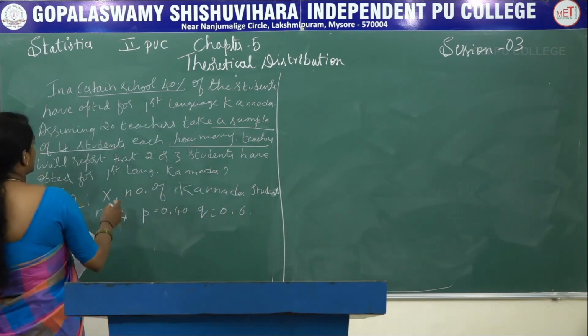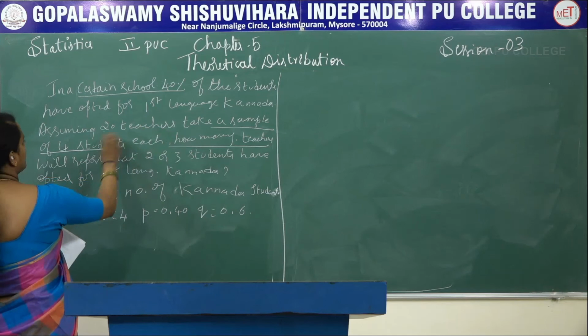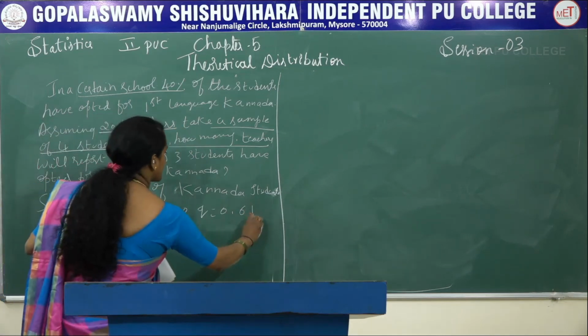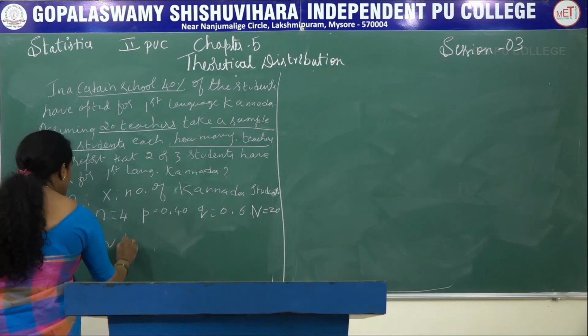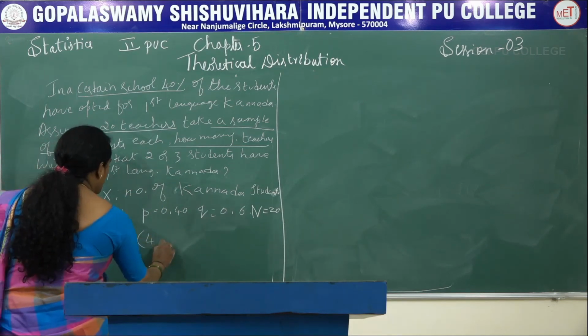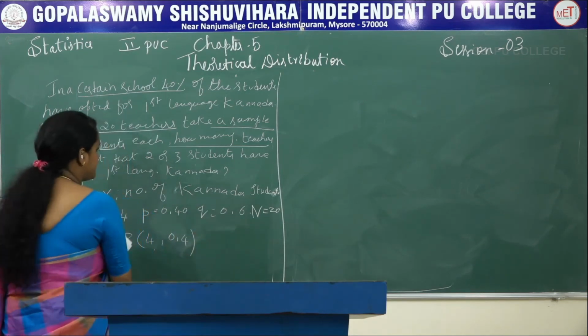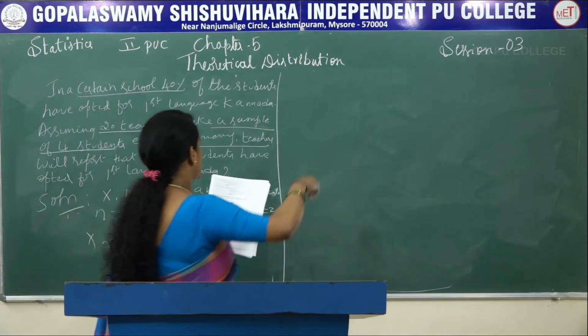Here 20 teachers they have taken, so this 20 is our capital N equal to 20. X follows binomial distribution with 4, 0.4. Okay, next write the PMF.